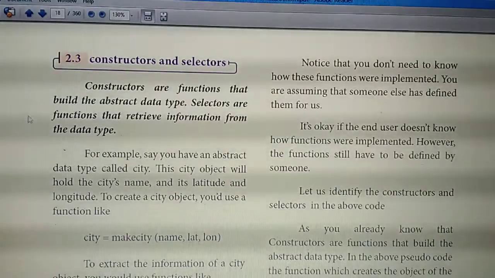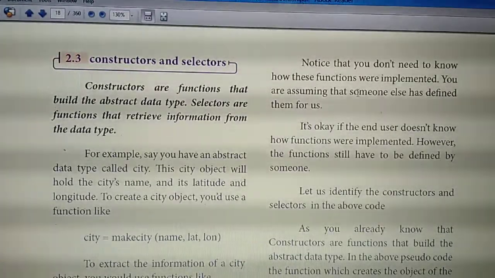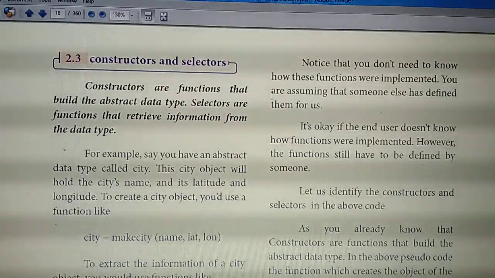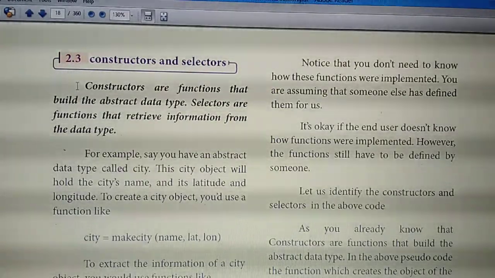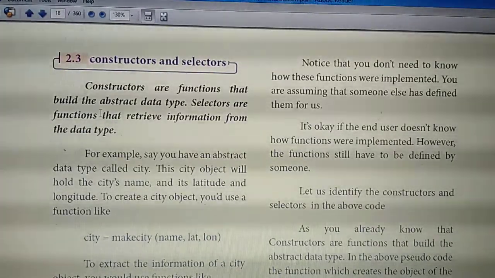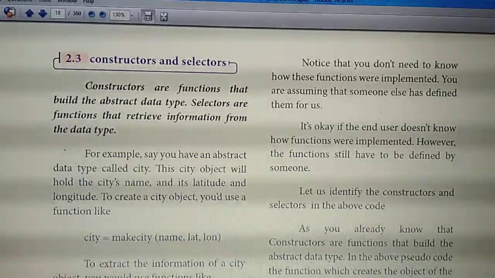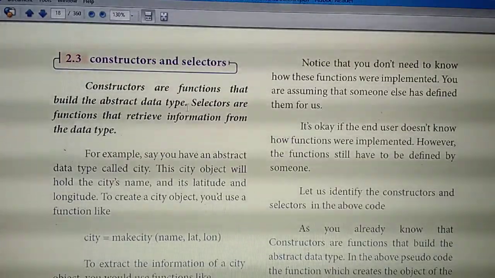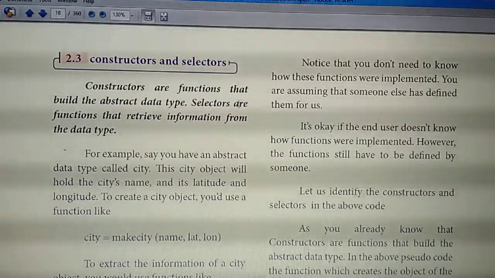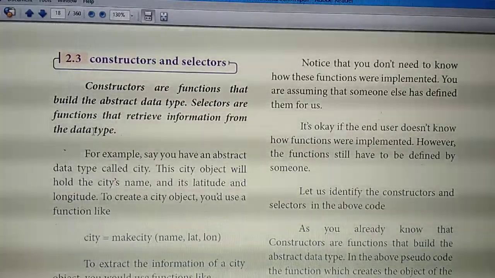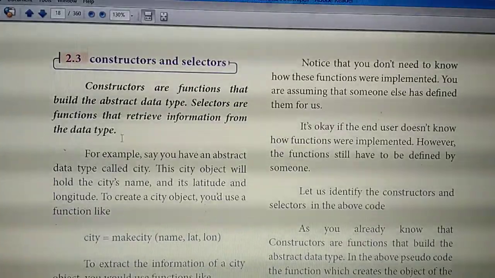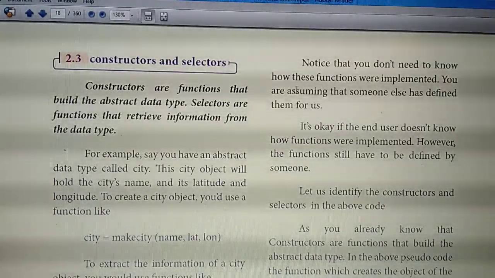Differentiate means you need to put a tabular column and write each point in each head. First point: constructors are functions that build the abstract data type. Selectors are functions that retrieve information from the data type.